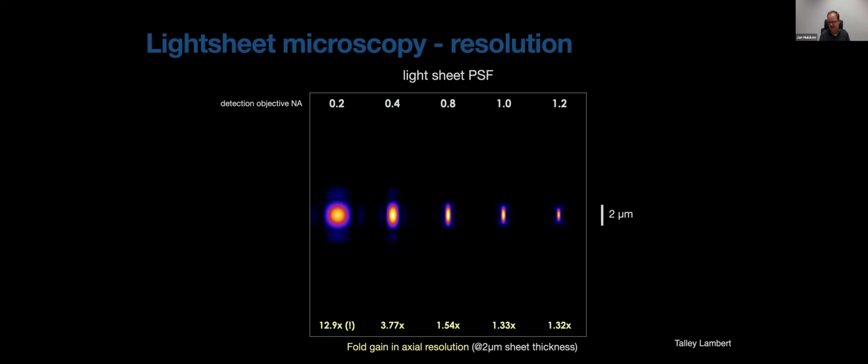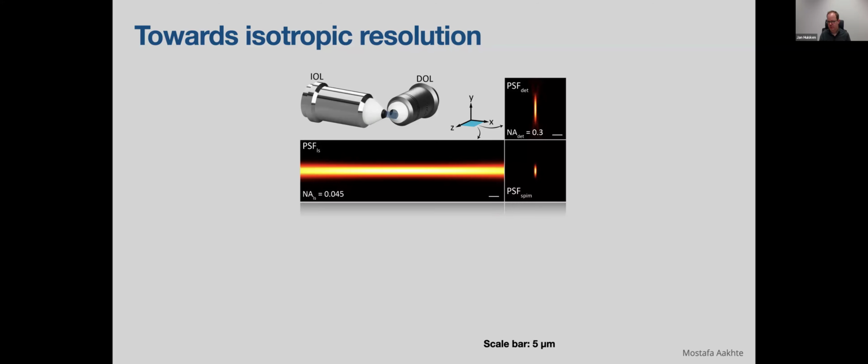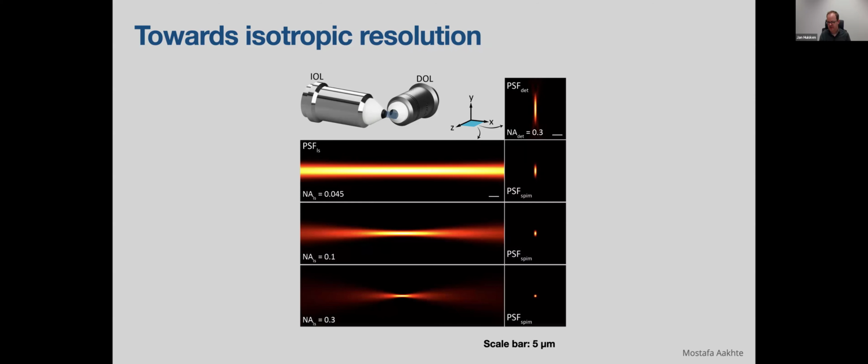But in order to really get isotropic resolution, you need to have the same NA on the illumination and on the detection side. So if you do so in the high resolution case, so NA of 0.3 is high NA in light sheet, you end up having a very short light sheet.